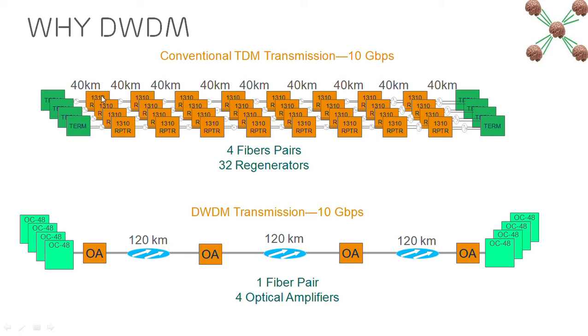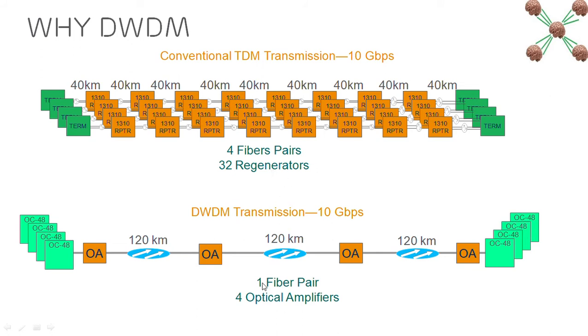So for example, if you're using 40 kilometer hops, and the link is very long, for example almost 300 kilometers, you have to use 8 regenerators in every span. So in total you have to use 4 fiber pairs and 32 regenerators.